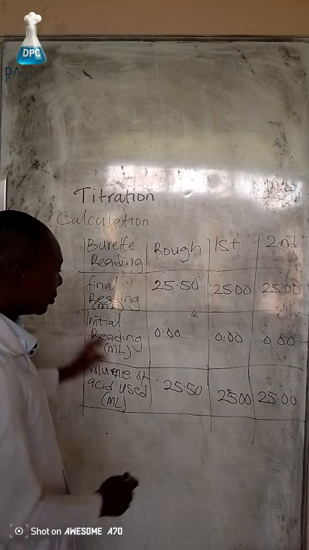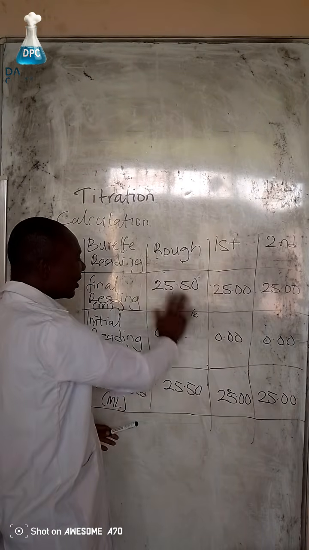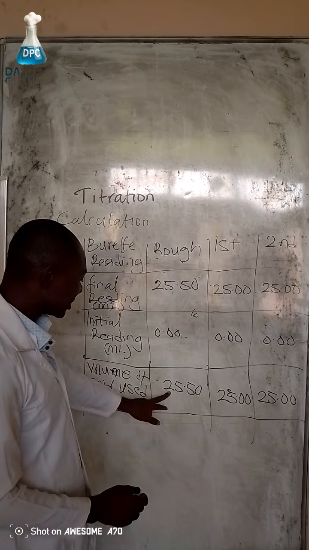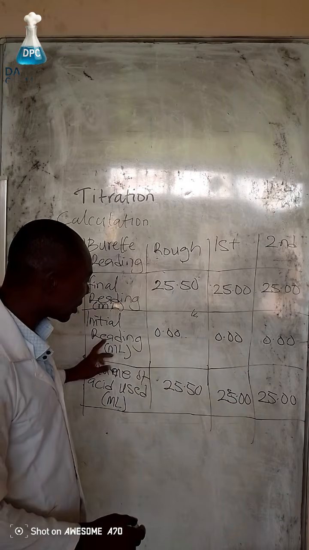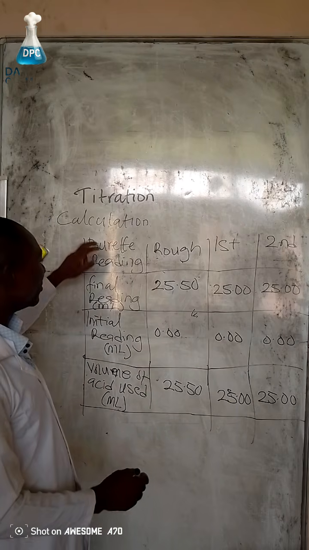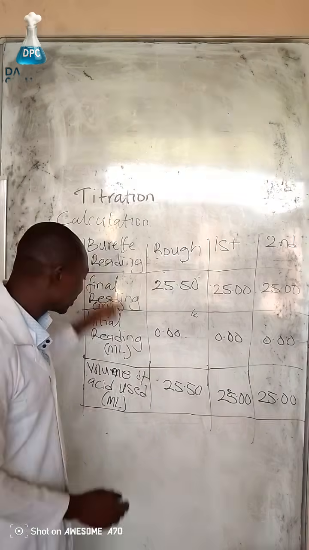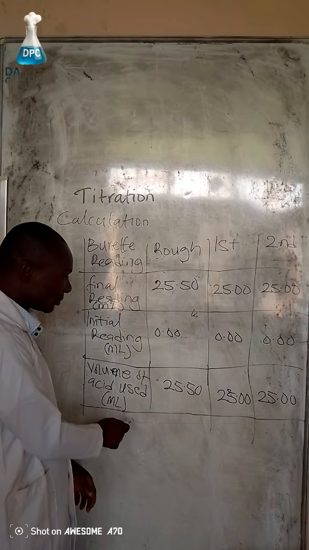This is a titration table. In the titration table, the values are filled. This is the initial burette reading, so I call it initial reading. And this is the final reading. Remember, this is the burette reading. Now, we have the volume of acid used.